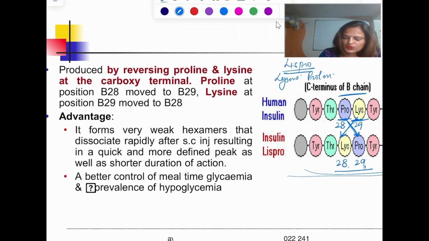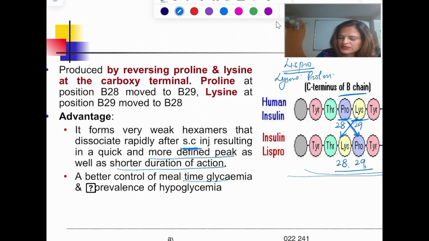So as soon as you give it subcutaneously, what will happen? There will be release of monomers, and that is going to make it a rapid acting insulin. We get a quick and more defined peak, giving better control of postprandial hyperglycemia, or post-meal hyperglycemia. So this is insulin Lispro.